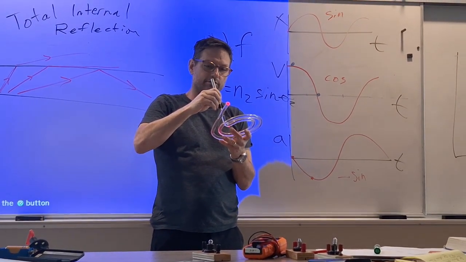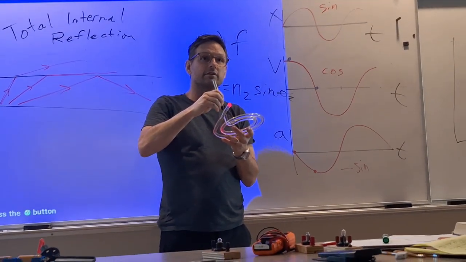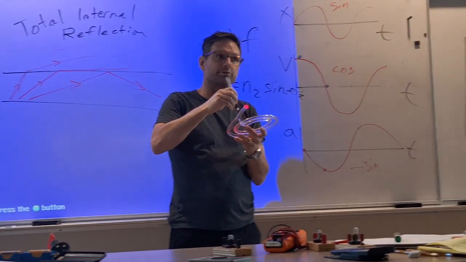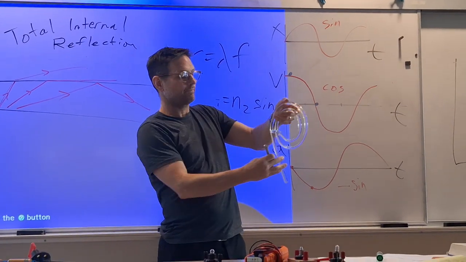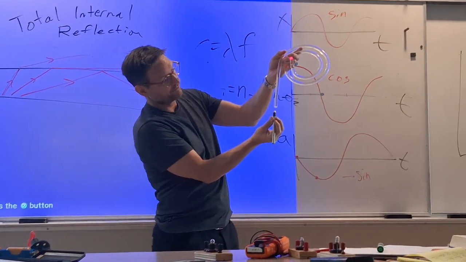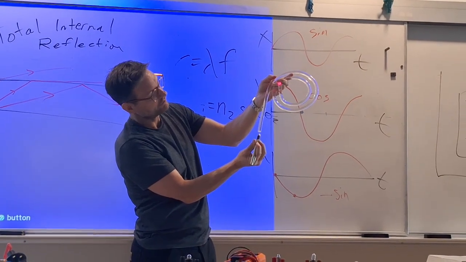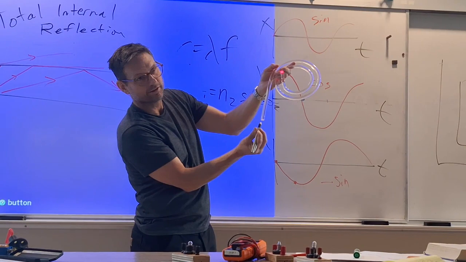Can you see it on the end of the tube? Yeah. Does it actually get out there? I don't know if it'll be strong enough. I can see it. And if I do it this way, it should work too. Can you see it on the end? Yeah. So you can't really see it in the tube, right?